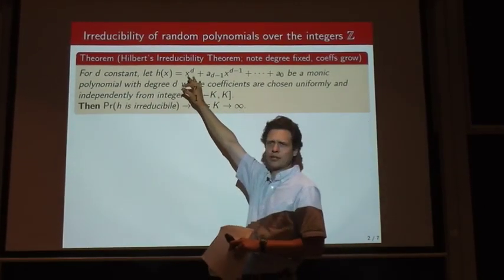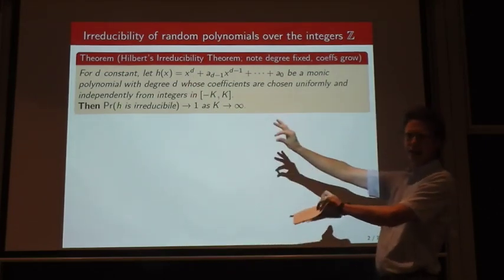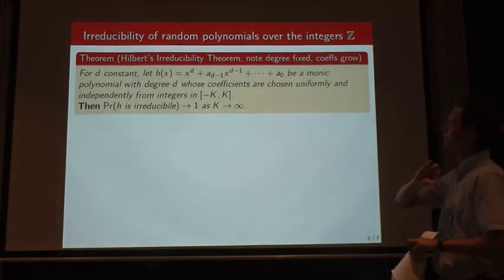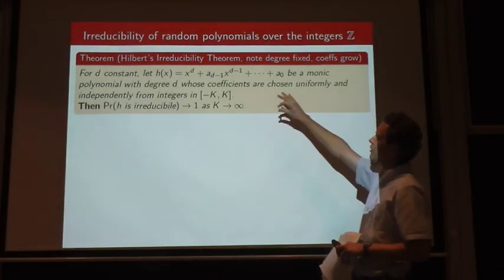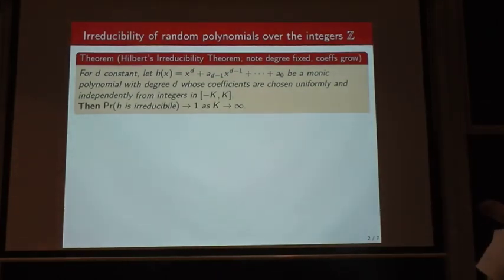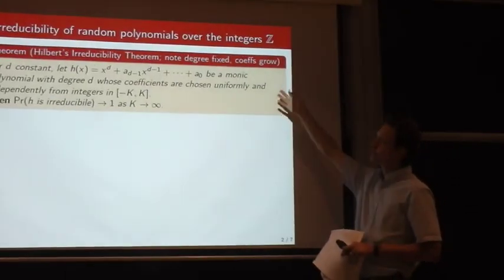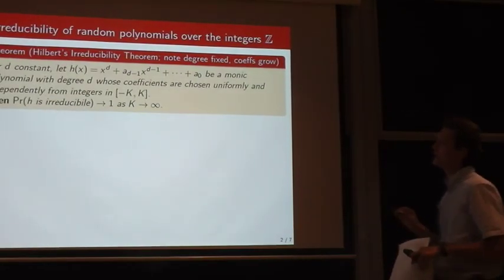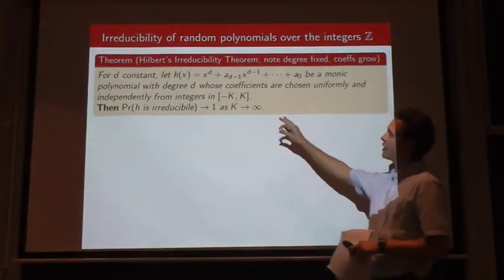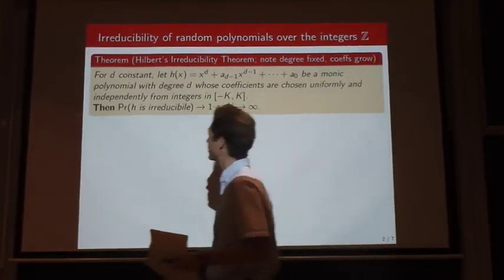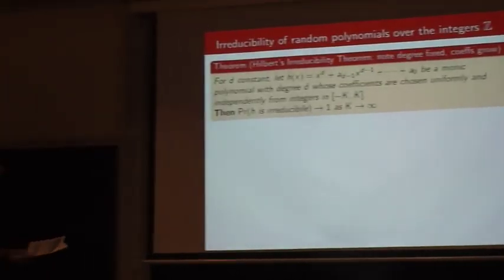We'll assume the first coefficient is 1, often just for simplicity, so you're not factoring out 2 from all the terms. So it's x to the d, plus a_{d-1} times x to the d minus 1, all the way down to a_0. This is a monic polynomial of degree d, and you choose these coefficients uniformly and independently from the integers from minus k to k. The theorem says this polynomial is irreducible with probability approaching 1.